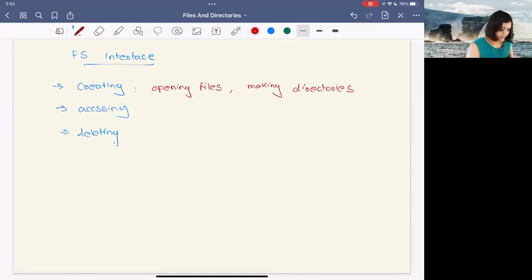Accessing. Now, when we want to access any data, what is it that we usually do with that? Either we read it or we write or update it. So read or write files. Now, these reads or writes could happen in a sequential fashion or a random fashion.